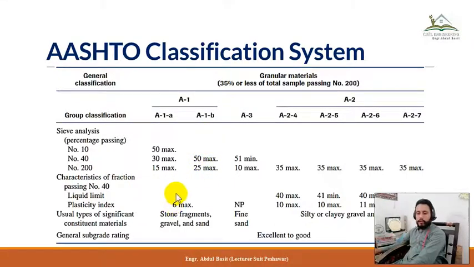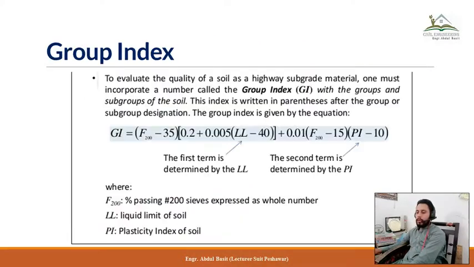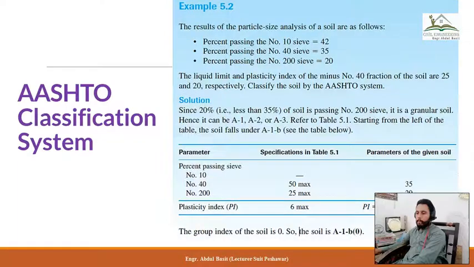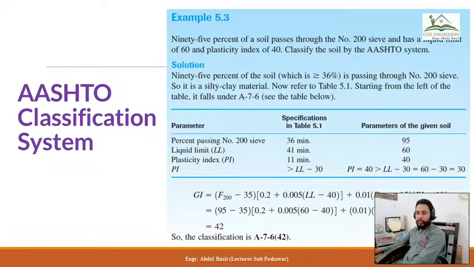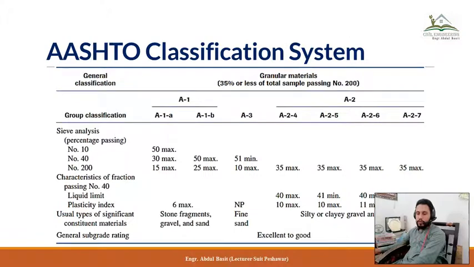Now coming to the liquid limit and plasticity index. Moving on to the statement again, of the soil is 25 and 20 respectively. Liquid limit is 25 and plasticity index is 20. Here, 6 maximum for plasticity index, so you cannot use either of these groups.